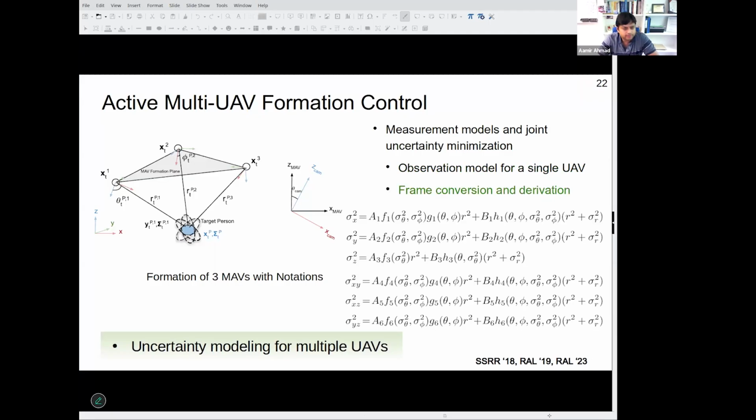So what next? After that, we need to perform conversions, right? This is an important step which must always be remembered: we were in spherical coordinates, and now we will eventually be dealing with Cartesian coordinates, so we need to perform this frame conversion. Now, the measurements we made and their covariances were living in the spherical coordinate system, but the transformation from spherical to Cartesian is nonlinear. And therefore, the conversion is not going to be straightforward anymore.